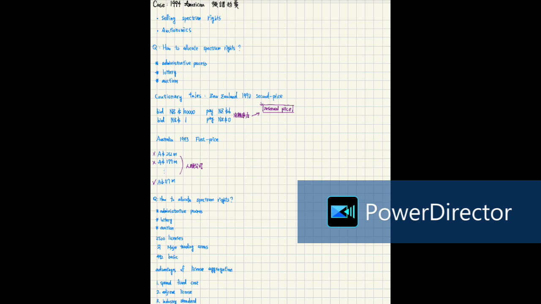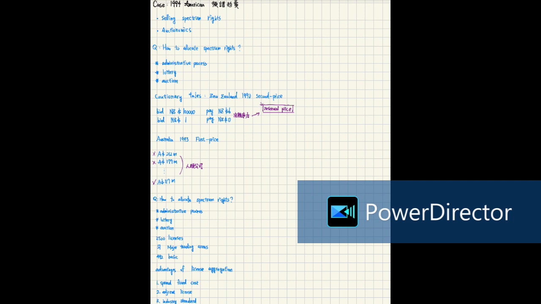Yes, there is a lot of spectrum in America, and more companies want to use it. So the government decided to put it up for auction, so companies can bid for the spectrum. How to allocate spectrum rights?